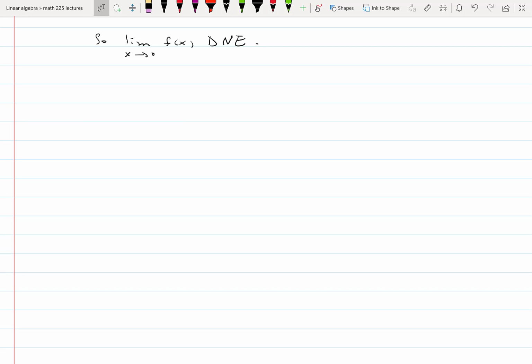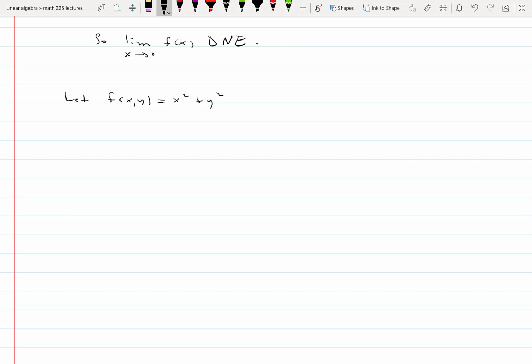So now consider a function of two variables. Let f of x and y equal x squared plus y squared, a circular paraboloid. That should be pretty obvious.